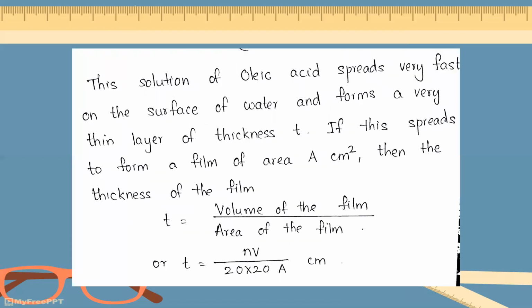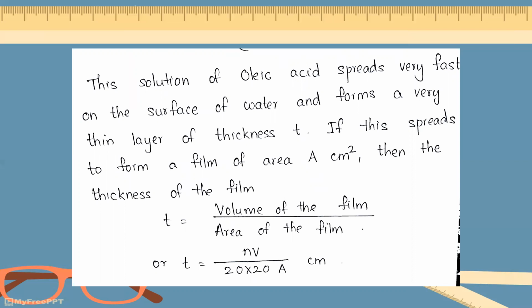This solution of oleic acid spreads very fast on the surface of water and forms a very thin layer of thickness T. Already I told you the thickness is equal to the size of the molecule. If this spreads to form a film of area capital A, then the thickness is equal to volume divided by area.